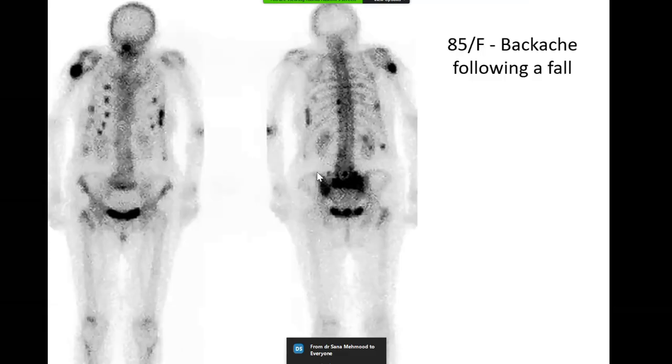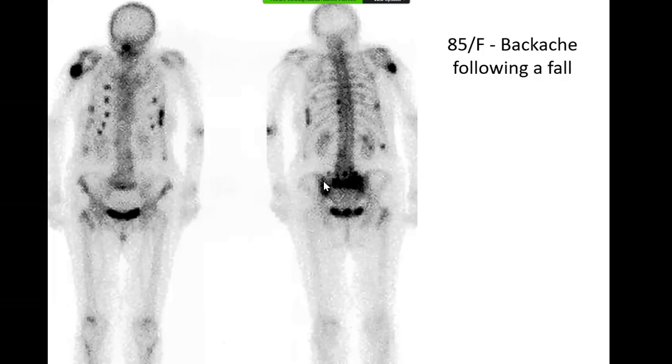And coming back, you see this uptake here. If you stretch your imagination, and as radiologists you are probably all used to stretching your imagination a bit, this is what we call the Honda sign, like the insignia of Honda. So this is basically a fracture involving the bilateral sacral ala and the body of the sacrum.